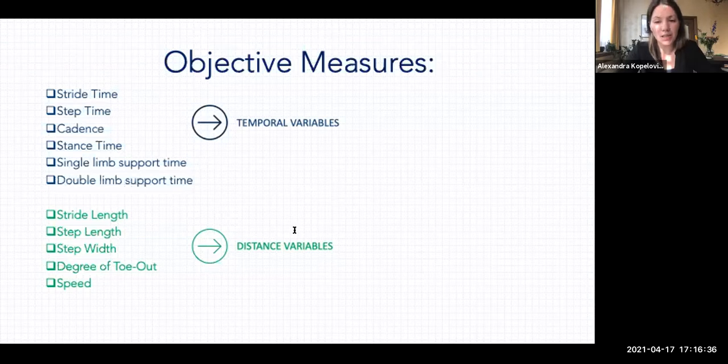And for the next presentation, we will be examining distance variables. Speed is a combination of temporal and distance variables, but it's a larger parameter, so I chose to present it together with the distance variables, but we will cover a little bit of speed in this presentation as well. You'll see it in a few slides.